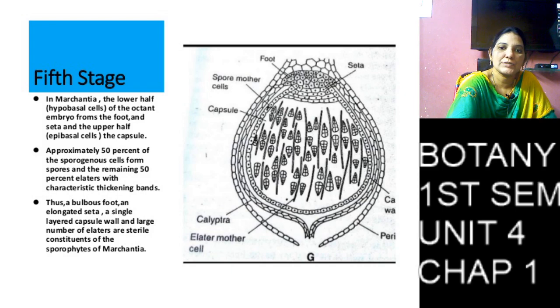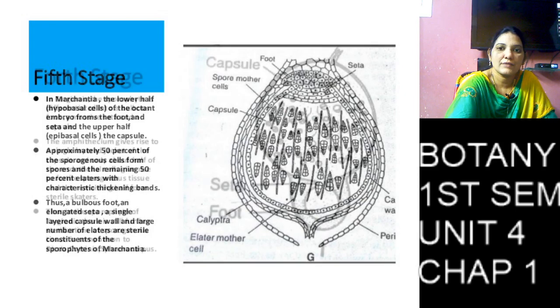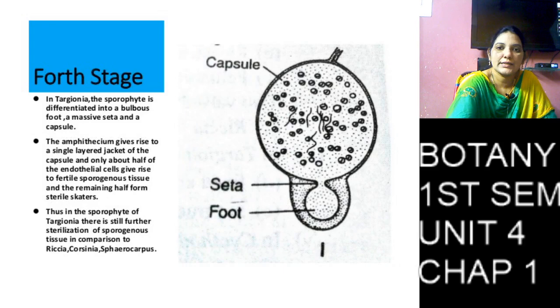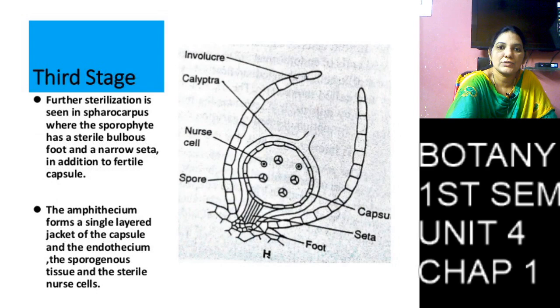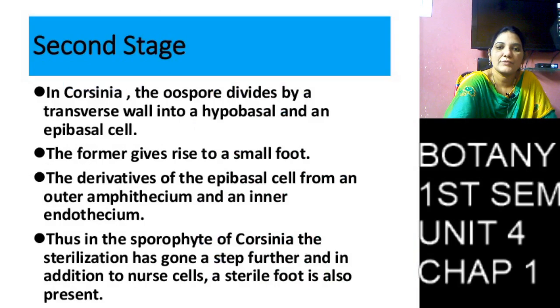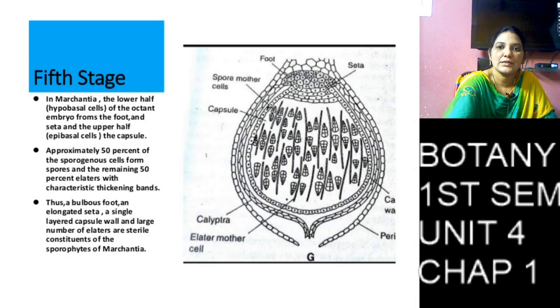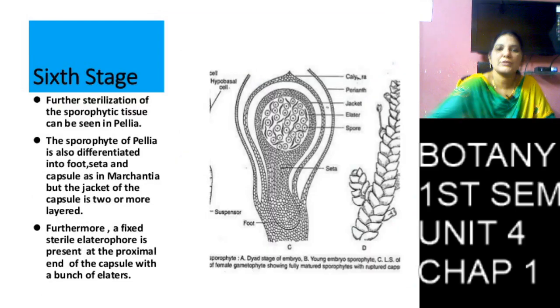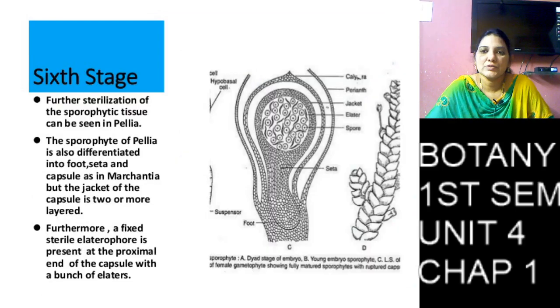Here Marchantia has only one layer of jacket cells. Targionia also has only one layer of jacket cells. Sphaerocarpus has only one layer, and Riccia also has only one layer of jacket cells. But coming to Pellia, the capsule has 3 to 4 layers of jacket layers.